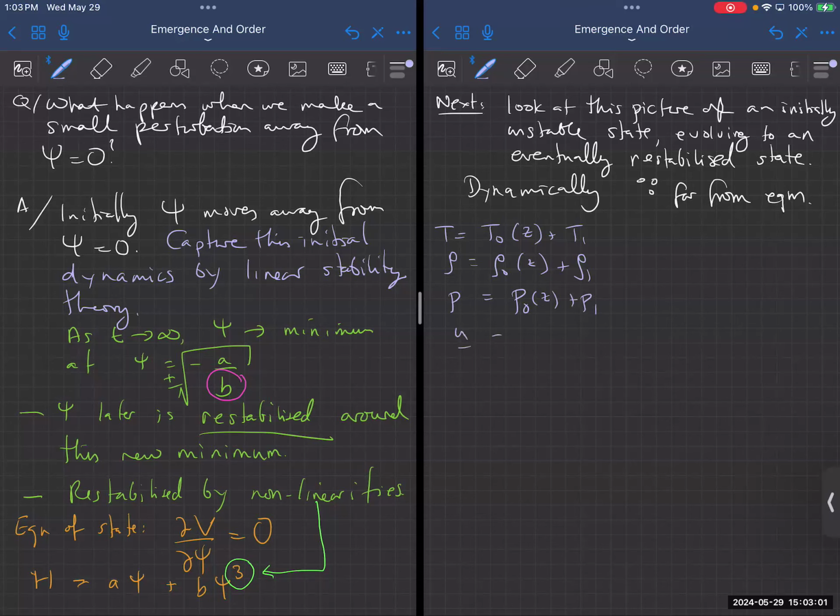And we say that U is equal to 0, the equilibrium value we found last time, plus a perturbation. And then we're going to take this, plug it into the equations of motion, and work to linear order in the perturbations.